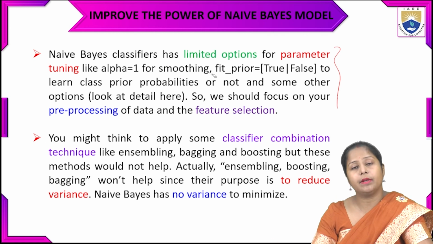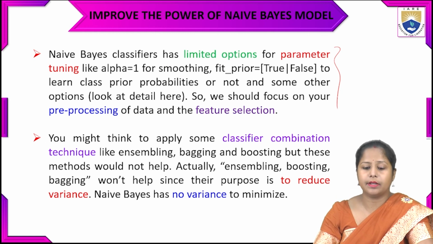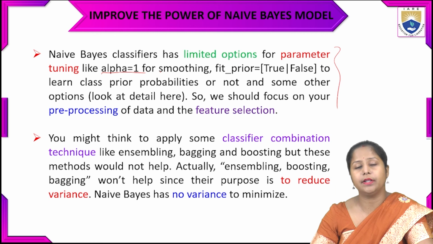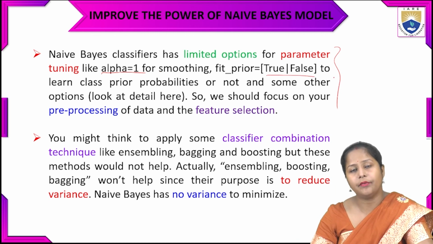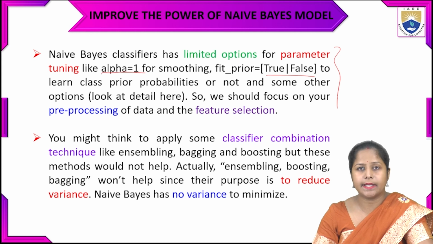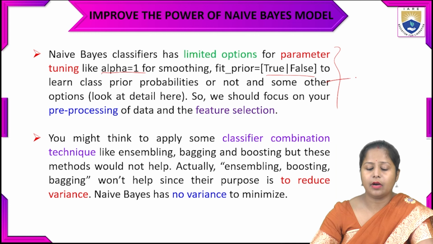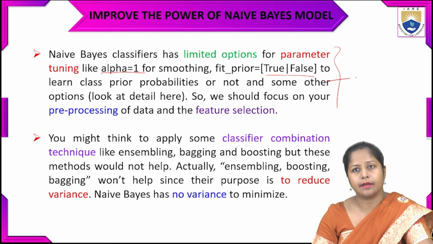Here alpha is equal to 1, and fit_prior is equal to true or false, to learn the class prior probability or not, and some other options we have to check.